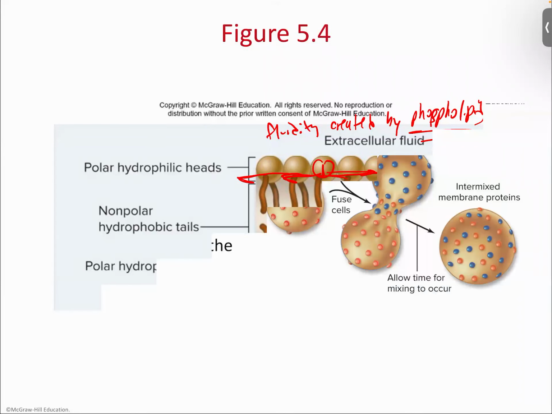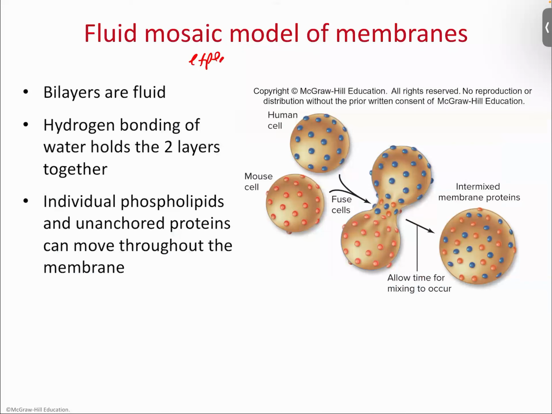Well, we did an experiment. In this case, this was an experiment for fluidity. What we did was called a cell fusion experiment. So we took a mouse cell and we had some membrane proteins that we were able to tag, and some human ones that we were able to tag. We were able to visualize them. And the idea was simply this: we're going to fuse these two cells together, right?